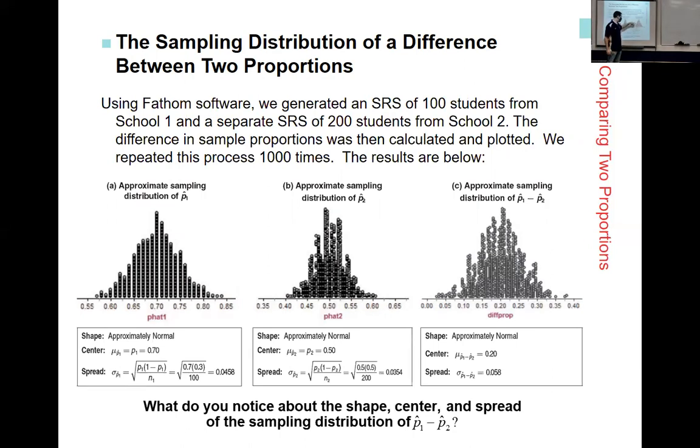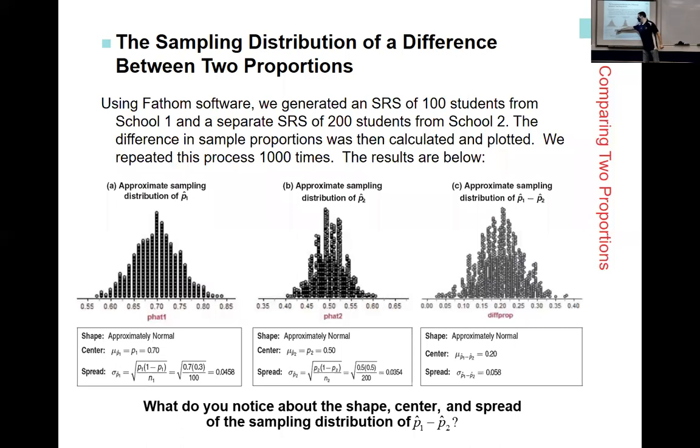Here's the samples we could get from the difference. First off, you should know that these are approximately normal. And then you have your center and spread here as 0.2 and 0.058. Now, the question we're going to have is, how can we calculate this center and spread?